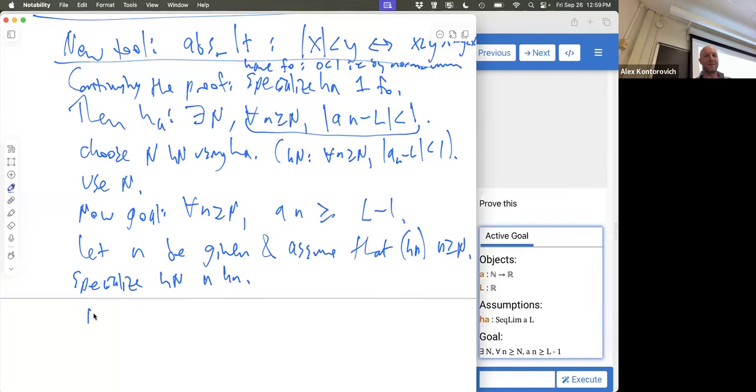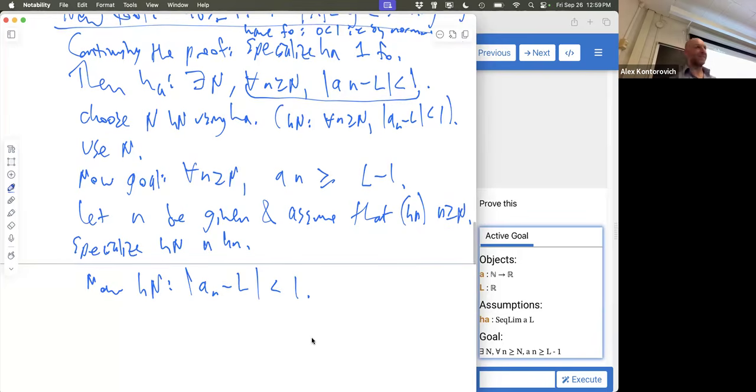So now HN says what? I need to break this into two things. Which two things? Well, how do I break it? AbsLe, exactly.